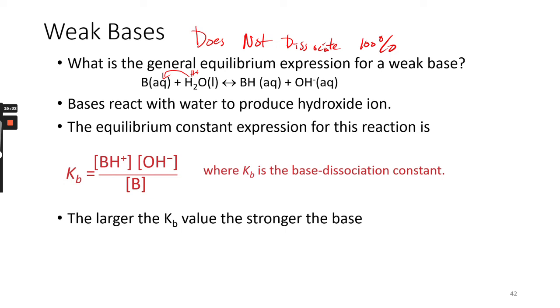So our Kb, B for base, is your product concentrations over your reactants. Again, water is not in it because it's pure. Just as the larger Ka means a stronger acid, the larger the Kb value, the stronger the base. It just means that you're going forward more, which means that you're dissociating more, which means that you are stronger.